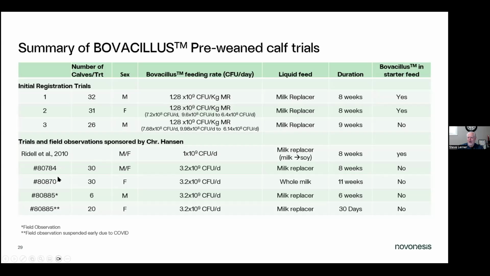It shows you all of them, the number of calves in the treatment from 6 to 32, whether they were male, female, or mixed. It provides you the feeding rate and also looking at the results in terms of when they were provided the supplement in their milk replacer or in whole milk.